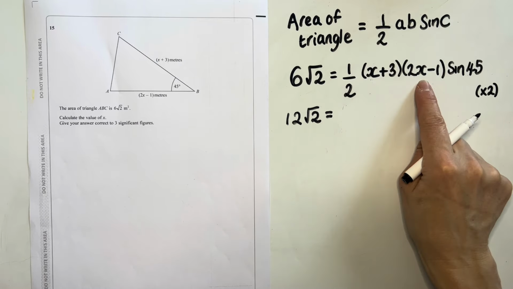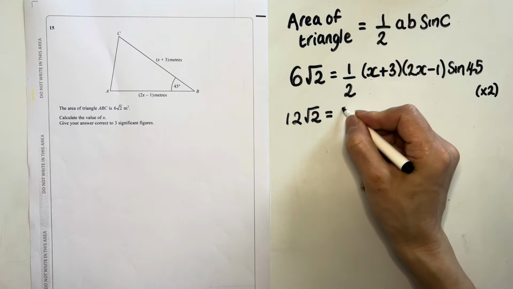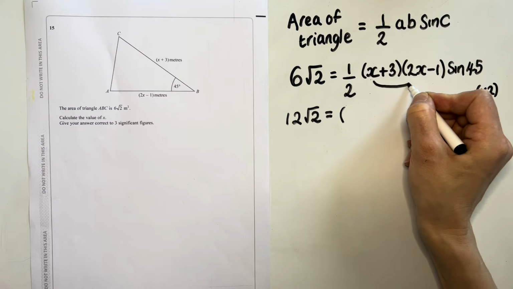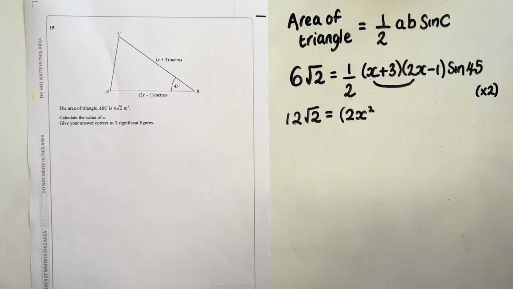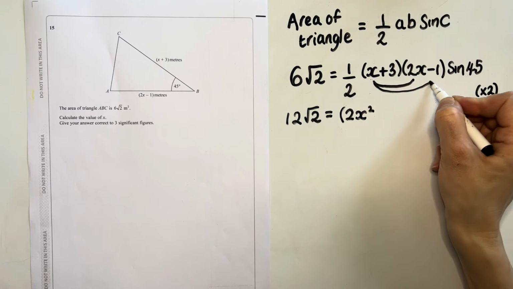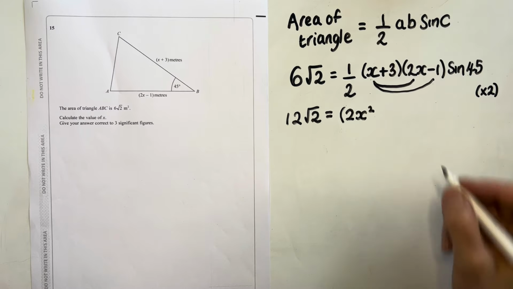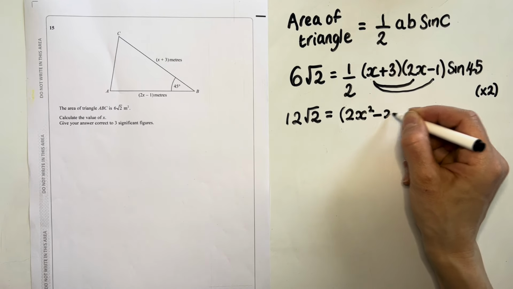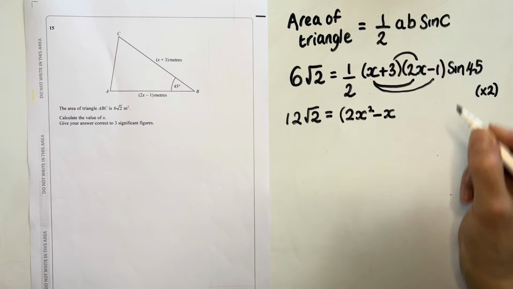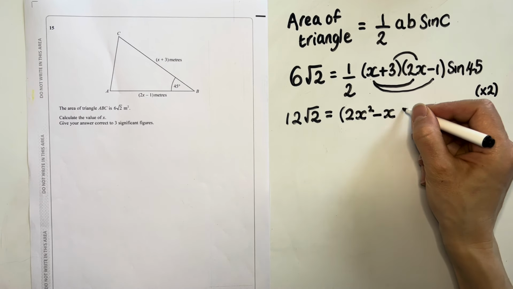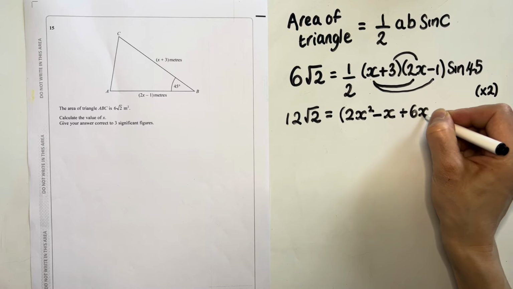We can also expand these brackets. We have x times 2x, which gives us 2x squared. We've got x times minus 1, which is take away x. We've got 3 times 2x, which is 6x.